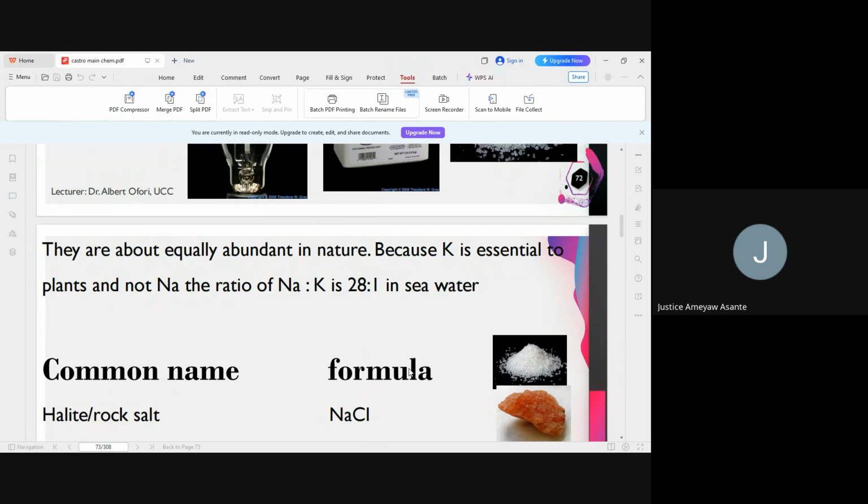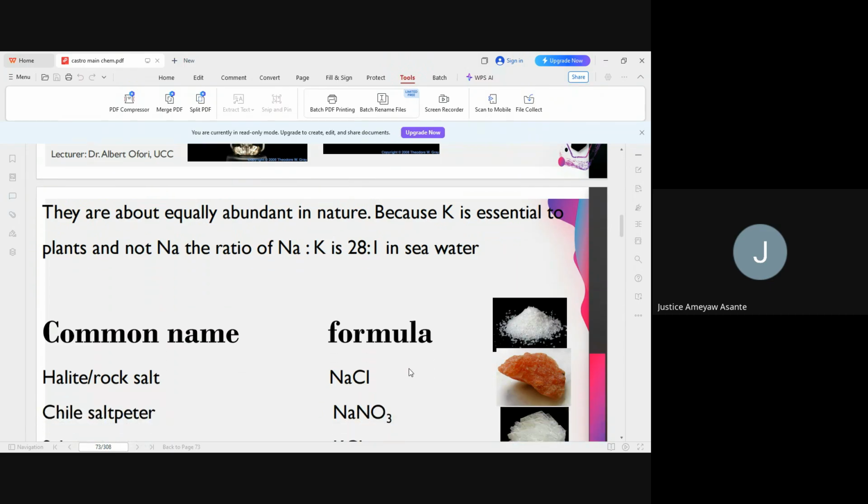Why? Because potassium is so essential to plants and animals. Plants easily absorb it when it is in the system. So in the seawater, we have a lot more sodium than potassium. Look at the ratio, 28:1.